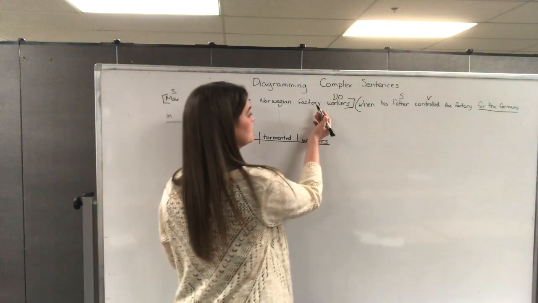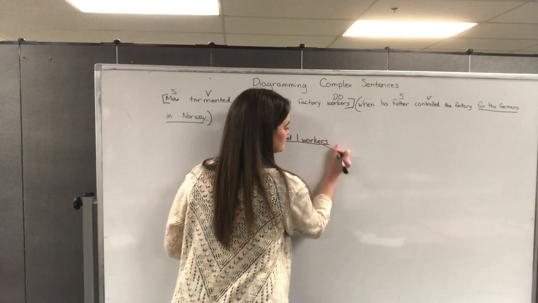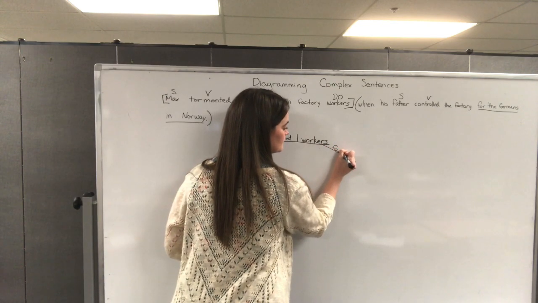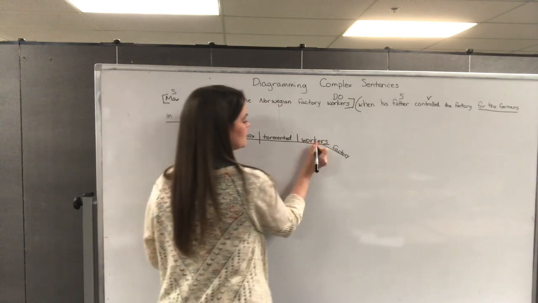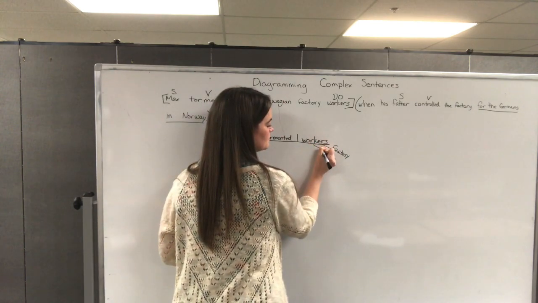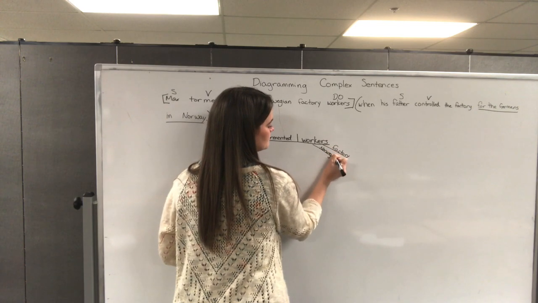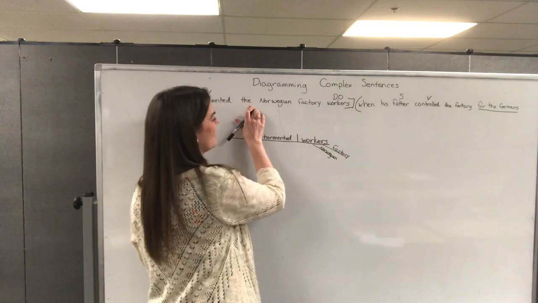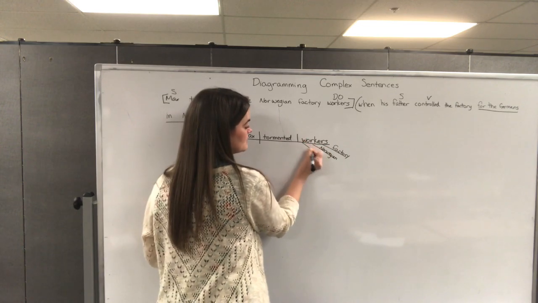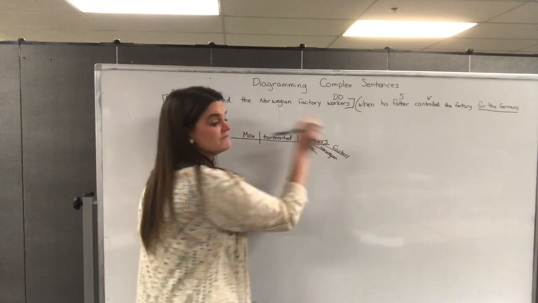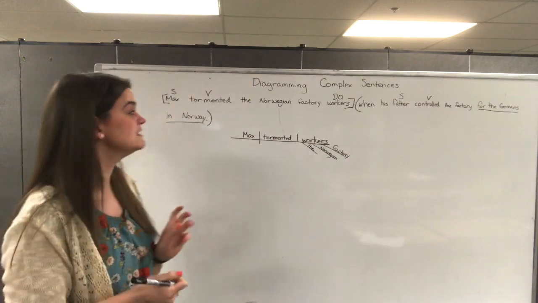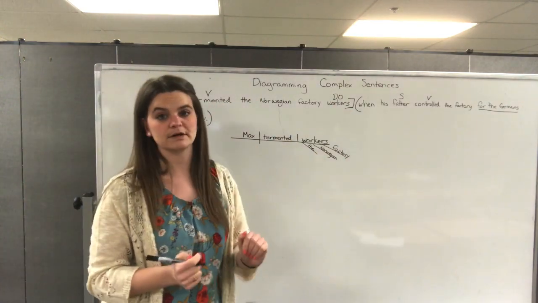What kind of workers? Factory workers. What kind of workers? Norwegian workers. The workers, article, adjective. So the, Norwegian, and factory are all adjectives because they're all describing workers.